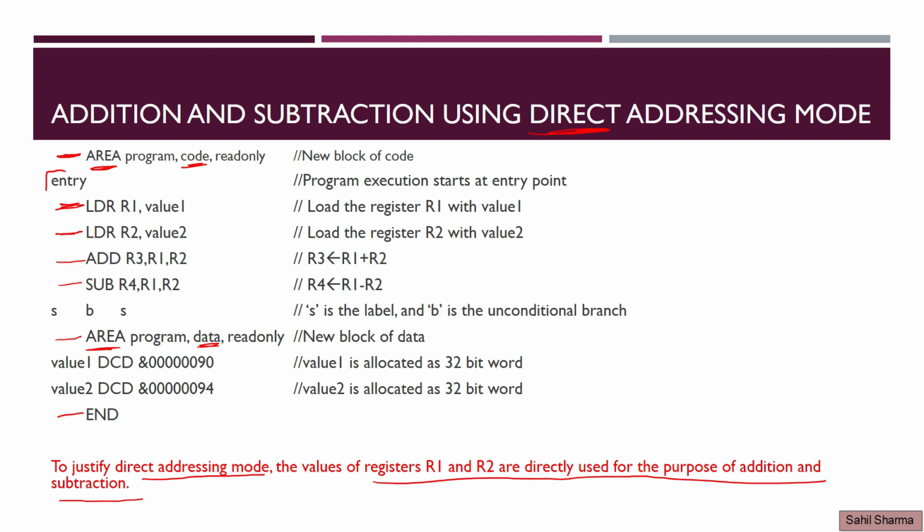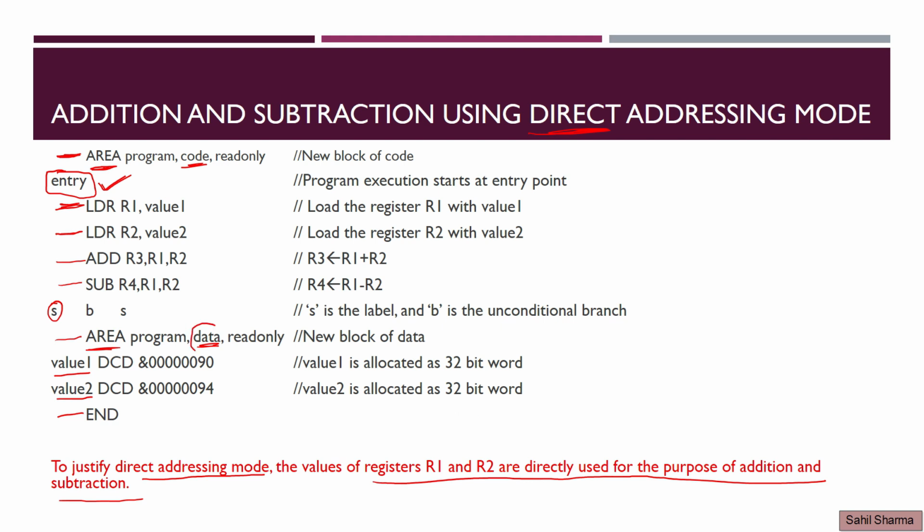And all the labels here, entry is a label, S is a label, value 1 is a label, value 2 is a label. So the entry directive is the starting point of the execution of program.